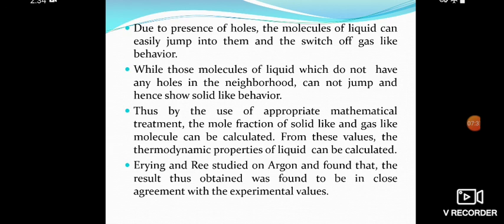Thus, by appropriate mathematical treatment, the mole fraction of solid-like and gas-like molecules can be calculated. From these values, the thermodynamic properties of liquid can be calculated. Eyring and Ree studied argon and found that the results obtained were in close agreement with the experimental values.